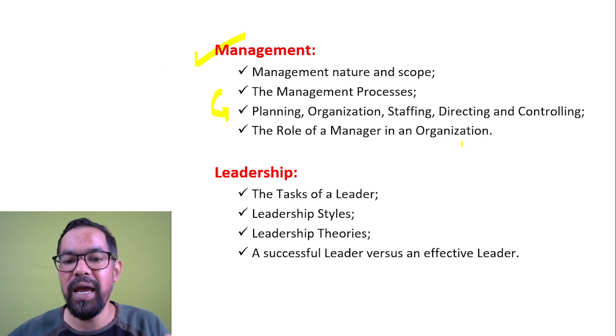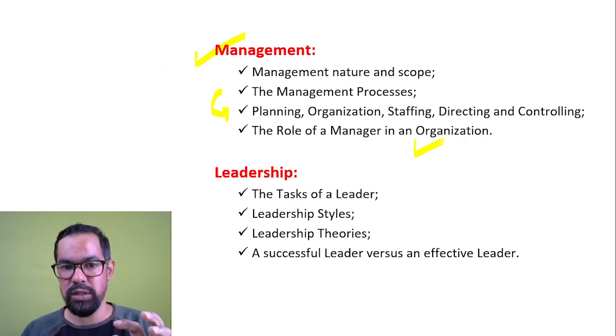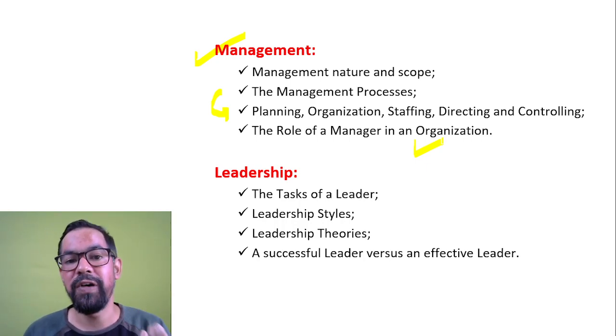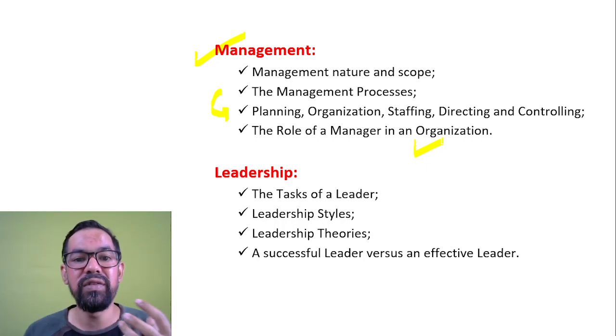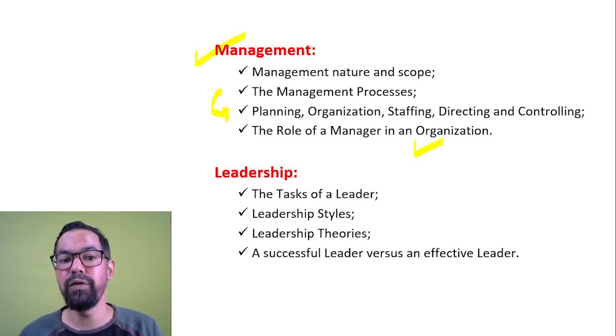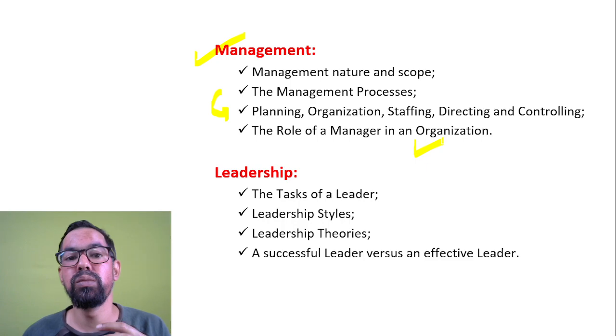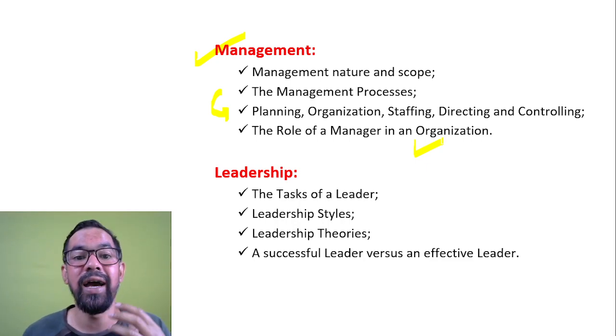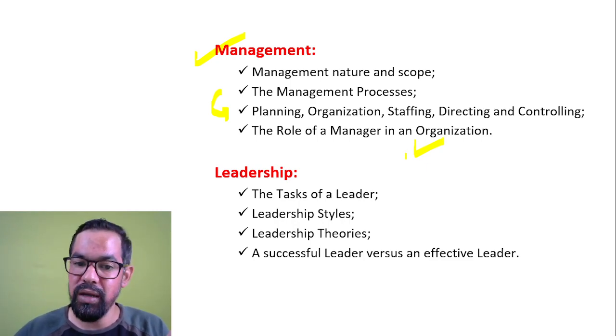The role of managers in an organization. If you study management, it is more theoretical. Finance is like you deal with things on a daily basis, and that is more practical. But management is more theoretical. You have to study different theories about management or the entire process.